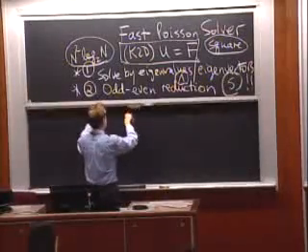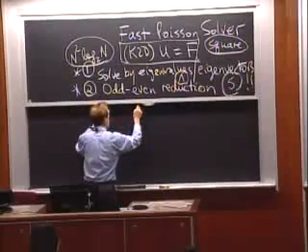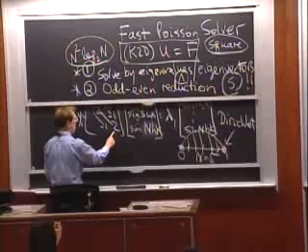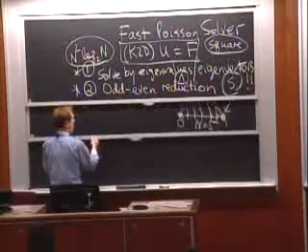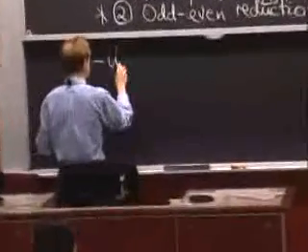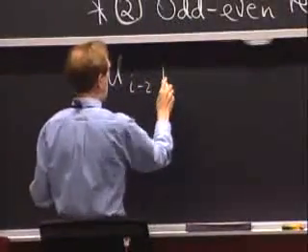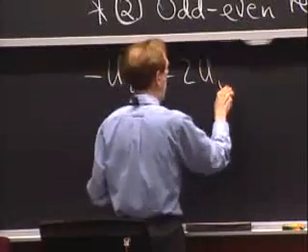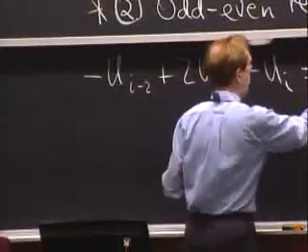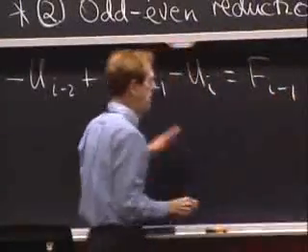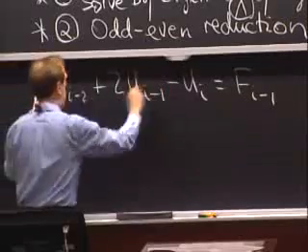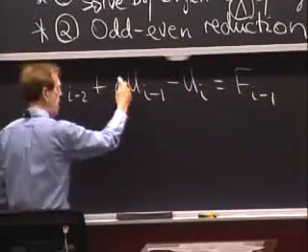Keep your eye on this matrix. So I'm going to write out the equations. It'll be minus u_{i-2} plus 2u_{i-1} minus u_i, that would be f_{i-1}. That would be equation number i-1, right? With a minus 1, 2, minus 1 centered there.